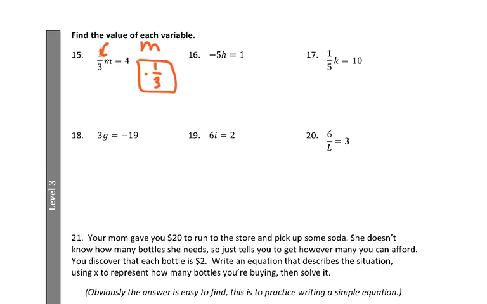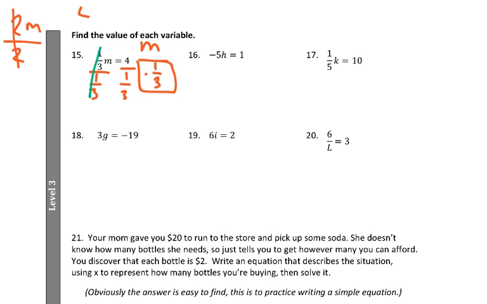So we can actually divide both sides by 1/3. That looks kind of funky, but remember, if you have 2m, we would divide both sides by 2 to cancel those out. That same principle applies here. If you have 1/3, we can divide that by 1/3, and those are going to cancel out. So we also want to divide 4 by 1/3.